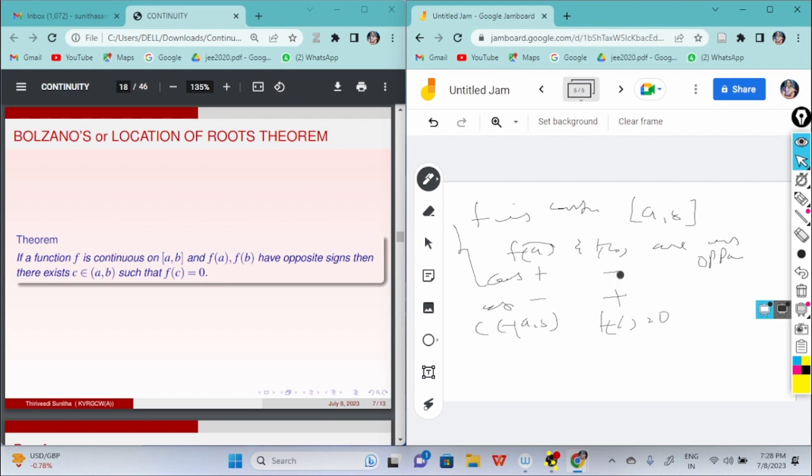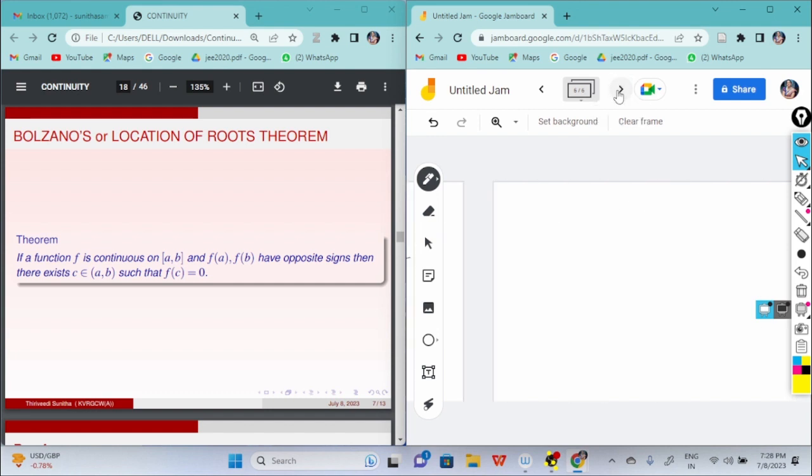Okay, so let me give a brief introduction of how I prove this theorem. See, first I took [a, b], a closed interval. The middle point I took c, that is c is equal to (a + b)/2. If f(c) is equal to 0, that means if the value of f at c is equal to 0, then the theorem is proved.